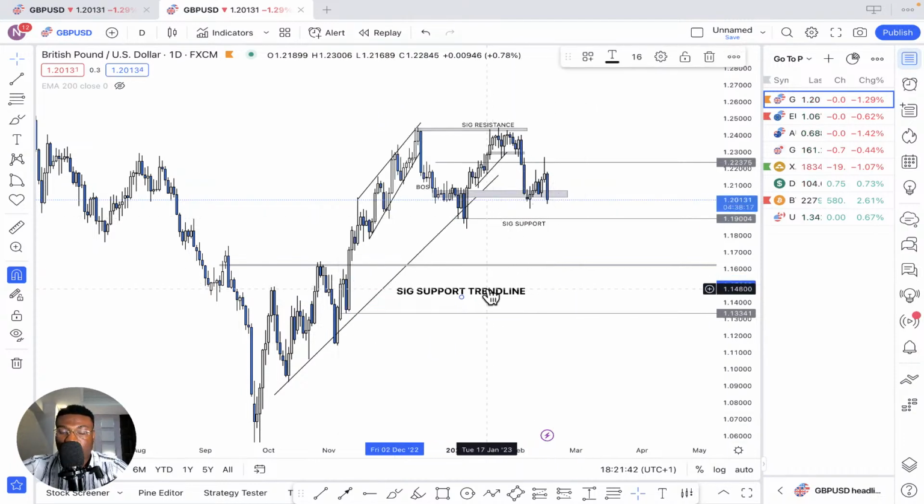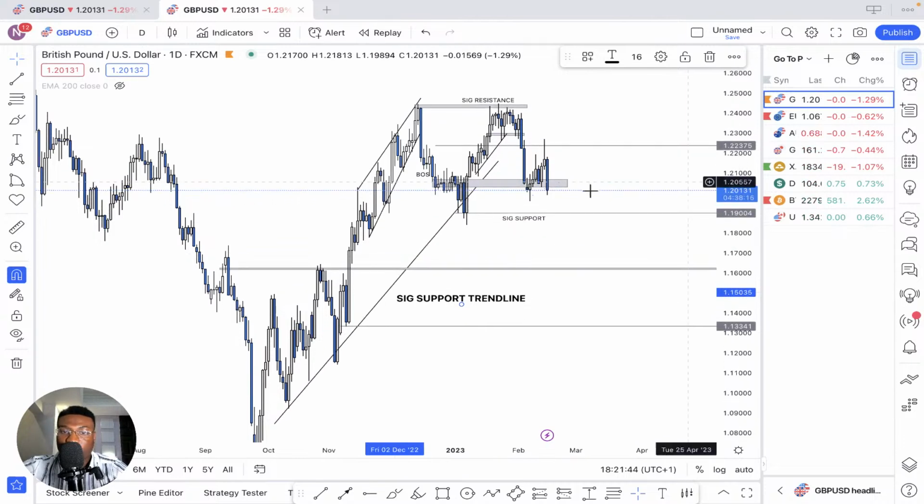And the reason you use these key levels, trend lines, support, resistance, is because when the market trends on these levels, when it reverses, it's also going to respect those levels that it's made a retest on or traded at. Okay, so we have this break below this significant support trend line here.